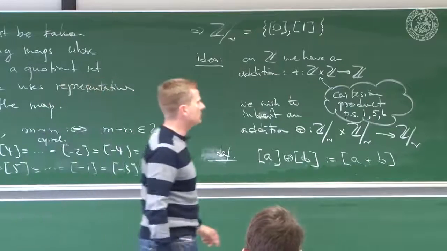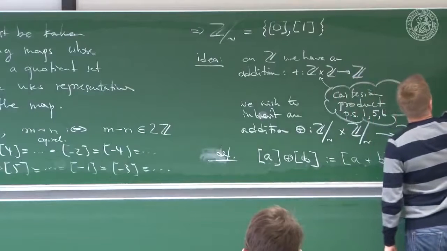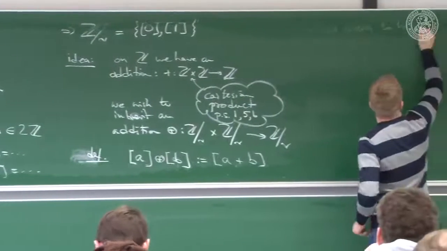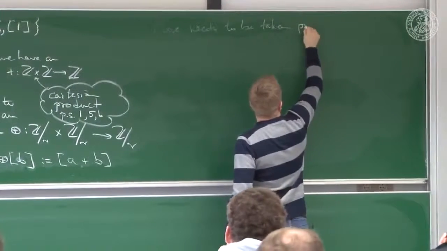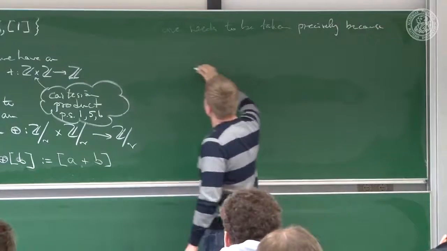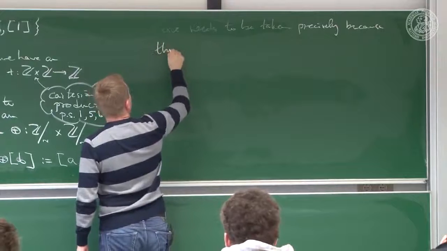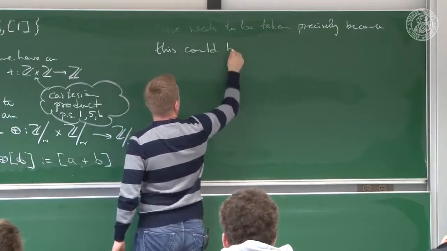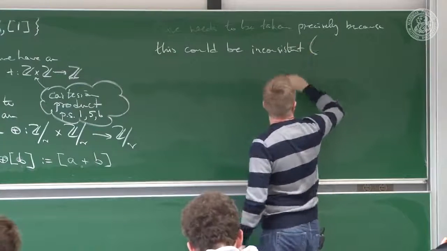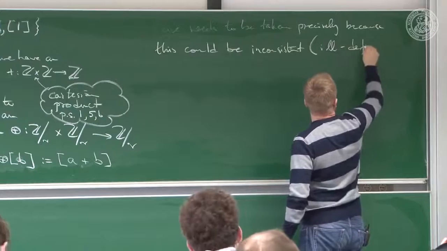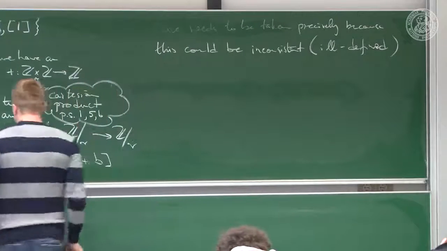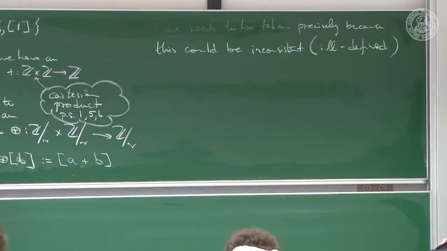Well, there is an issue with that, and care needs to be taken, precisely because this could be inconsistent, and the technical term in these circumstances is ill-defined, instead of being well-defined.